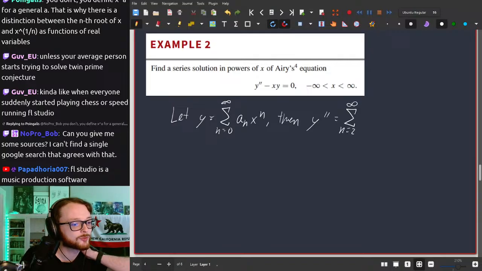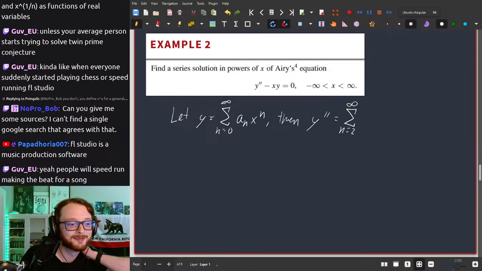So music production. You can do a speed run of that? How do you do that? Like who can produce a song the fastest? Speedrun making the beat for a song? That's kind of hilarious.